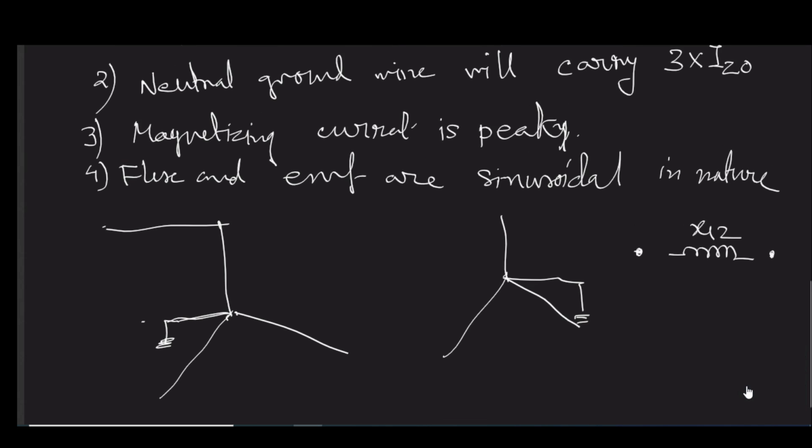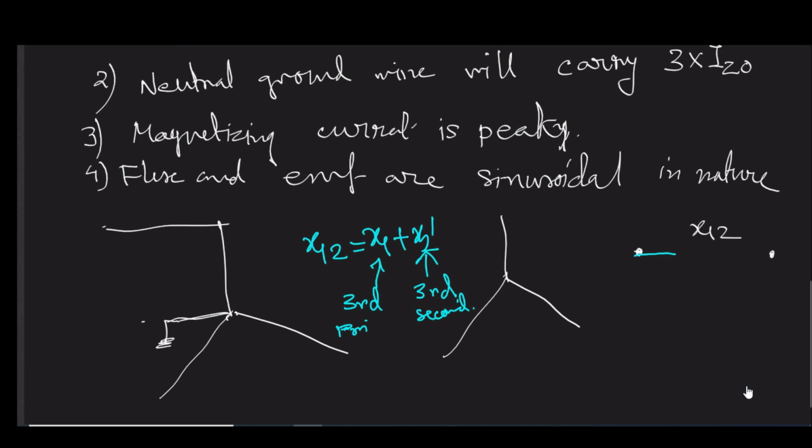So here it will be like this for the third harmonic component, and when you ground them, so if you unground any one, then there should be like this, or if you do the reverse, like this. Got it. So this is the case.